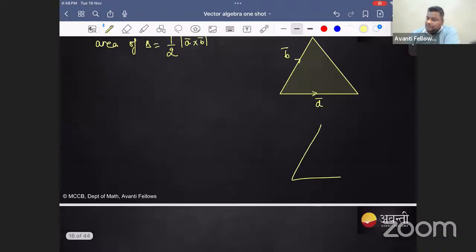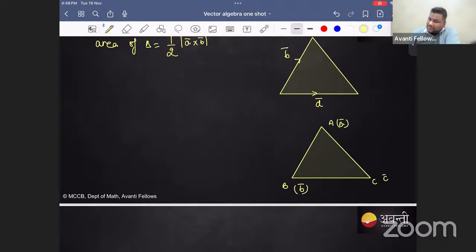Another form, say this is the triangle ABC. Now the vertex has position vector A, this is B, and this has position vector C. So area is going to be what? Area is half of magnitude of AB cross AC.